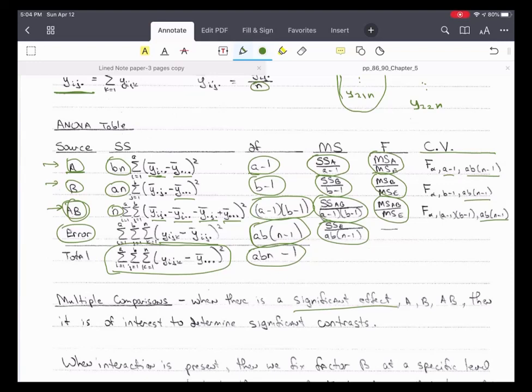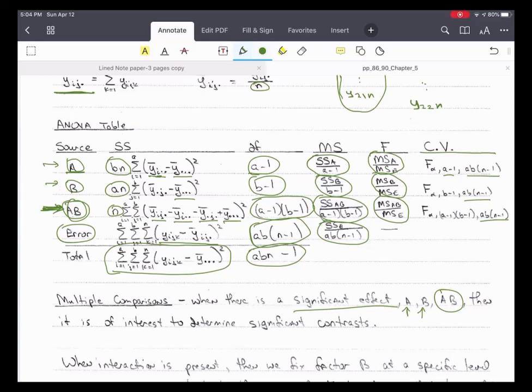So when there's interaction present, then we don't look at just A by itself or B by itself. In fact, I want to point out that A could be insignificant, B could be insignificant, but you could still have an interaction effect. Okay. So A doesn't have to be significant, or B, for there to be a significance between A and B.